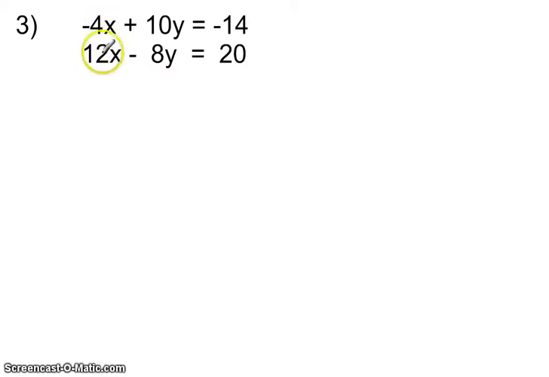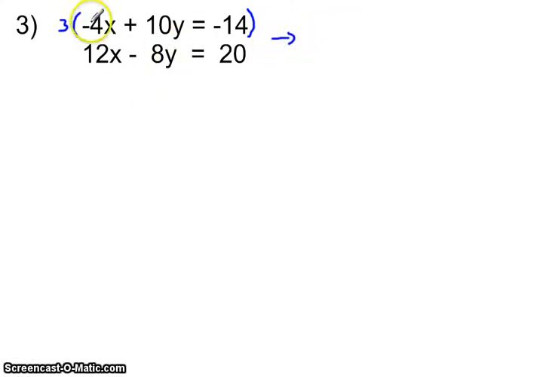Well, I'm looking at these x's. I know that negative 4 times 3 would give me negative 12, which would make these cancel out. So I'm going to cancel out the x's, and the way I can do that is to multiply this whole thing by a 3. So check out what my new system of equations is going to be. I'm going to write it over here.